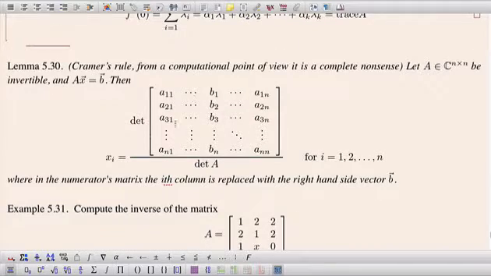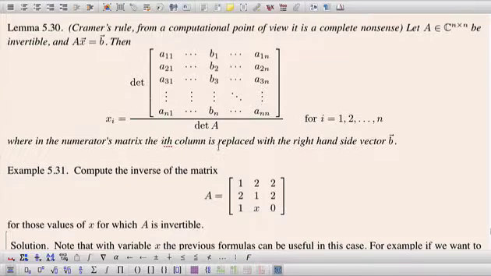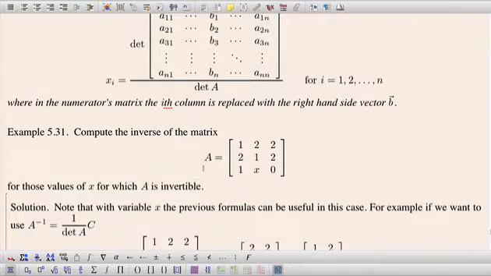It's a lot of work, of course, to calculate all these determinants. For example, we can compute the inverse of a 3 by 3 matrix with the x variable in it. Of course, it has an inverse only in cases where it's invertible, so it's interesting to know for what values of x.